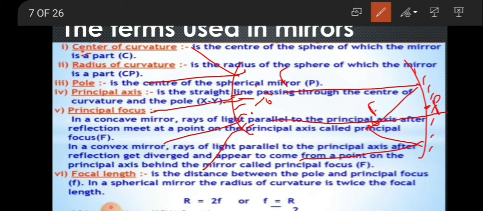Focal length: the distance between the pole and the principal focus is called the focal length. R equals 2f, where f is the focal length. Focal length equals radius of curvature divided by 2, that is, f equals R by 2.